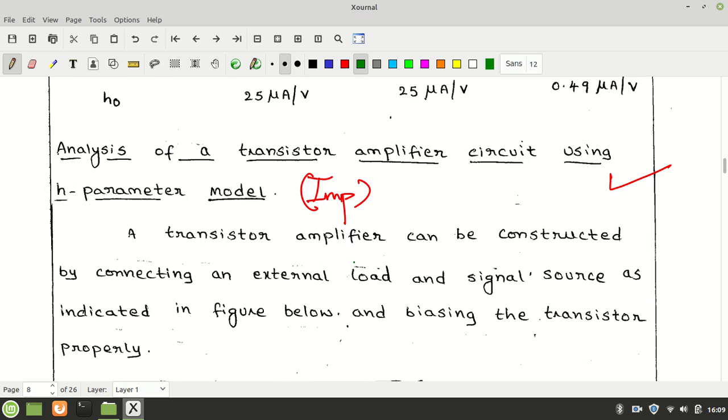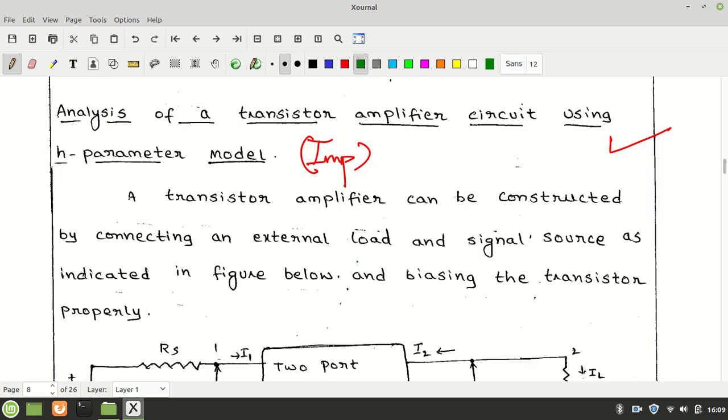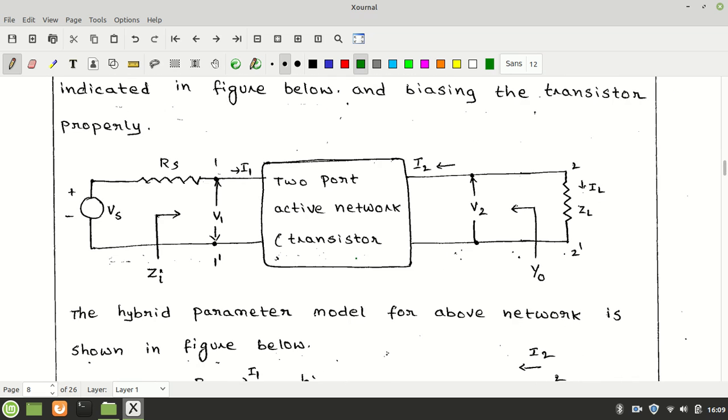Now what is very important is to study the H parameter model of CE mode and calculate the gains. Now connect the actual input AC signal, which is operating in the audio frequency range, that is, a very low frequency range.